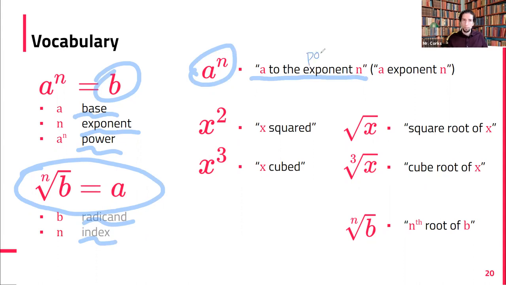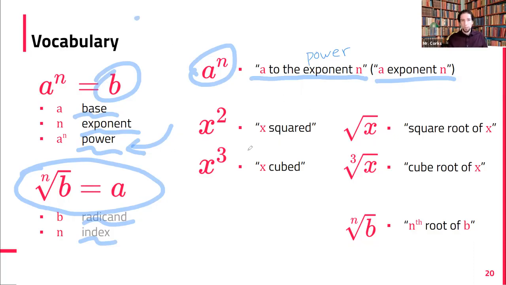I think that is technically inaccurate because power is this thing, but lots of people say that. In class, just because it will take too long, I might just say a exponent n, to be shorter and faster.